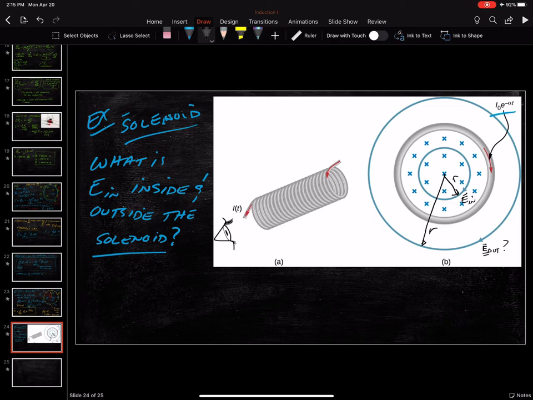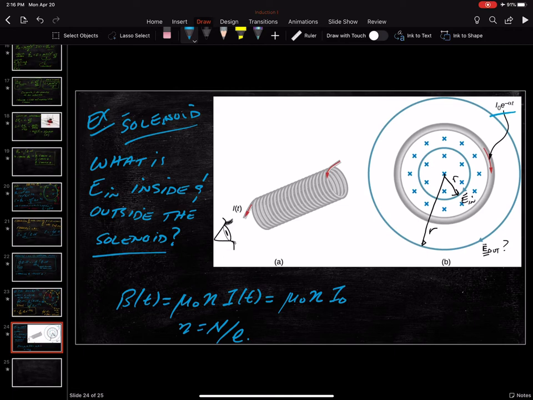Well, first thing I need to know is what's the magnetic flux? Okay. So the magnetic flux, well, remember the magnetic field, B as a function of t, will be mu naught n I of t, which will be mu naught n, same n, remember n is your number of turns per length, times this I0 e to the minus alpha t.